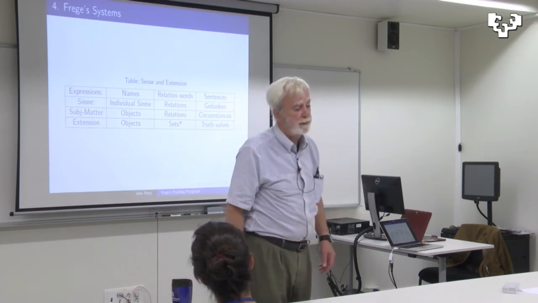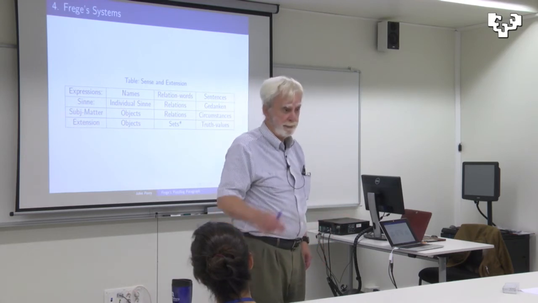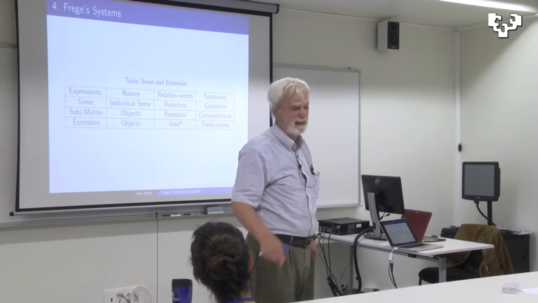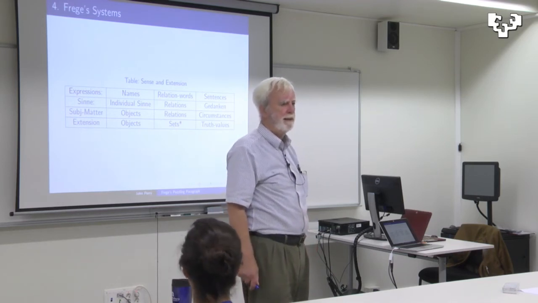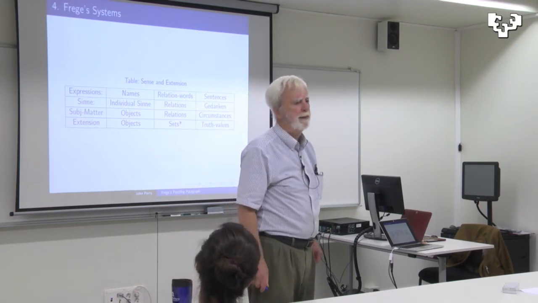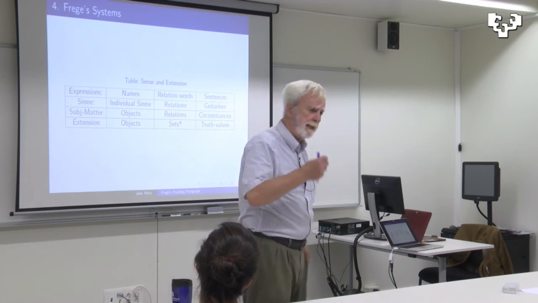Then he went on in his career, and it turns out that even though Frege says that there can be names with sense and no reference maybe 6,000 times in his works, he didn't really believe that. He thought there at least were some names that had to have a reference.